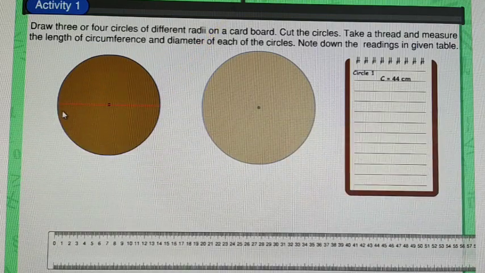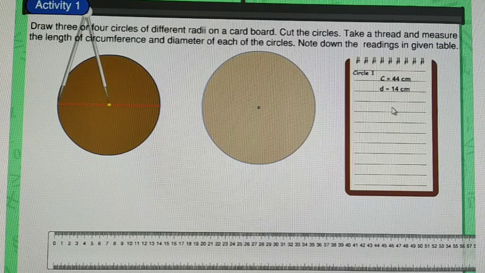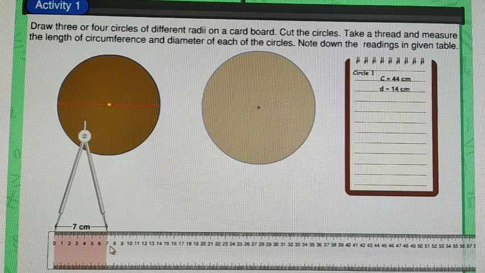Now take the diameter. Using a compass, calculate the measure of diameter, which is equals to 14 centimeter in first circle. Now radius will be half of the diameter, that is equals to 7 centimeter.